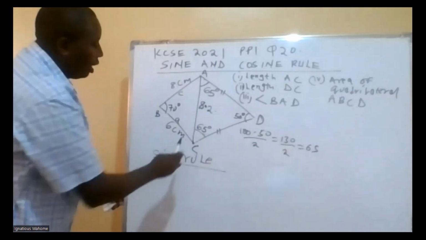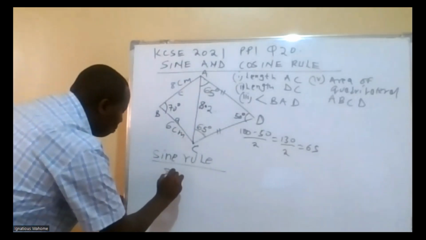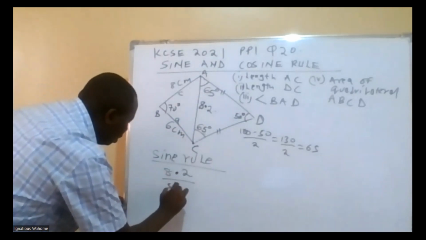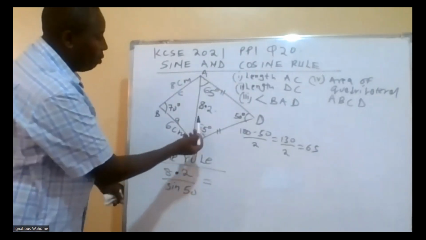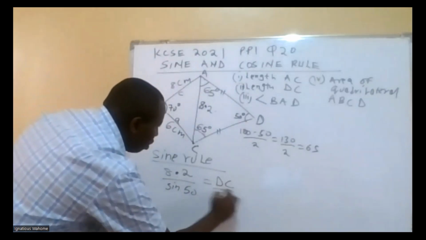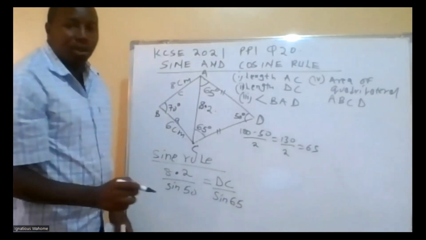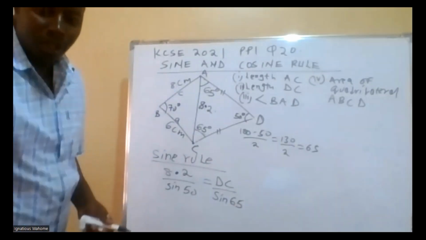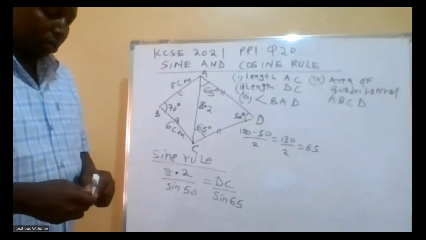You say 8.2 over sine 50 is equal to DC over sine of 65.